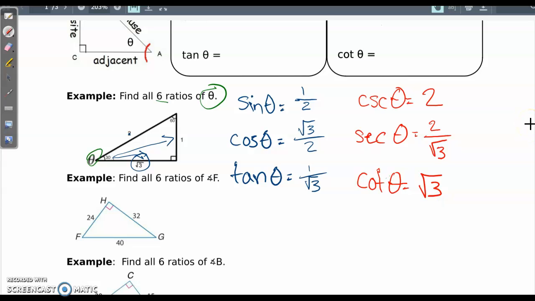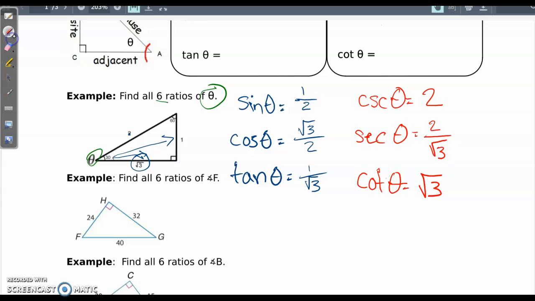Now, I said that I was going to come back to tangent and secant because these fractions are not completely simplified. The reason I say that is because they have a square root in their denominators. The way we simplify these square roots is by what's called rationalizing.